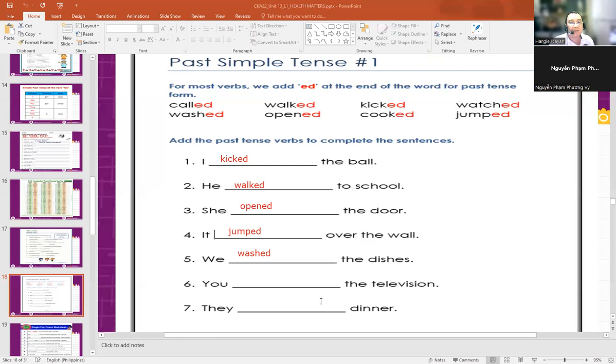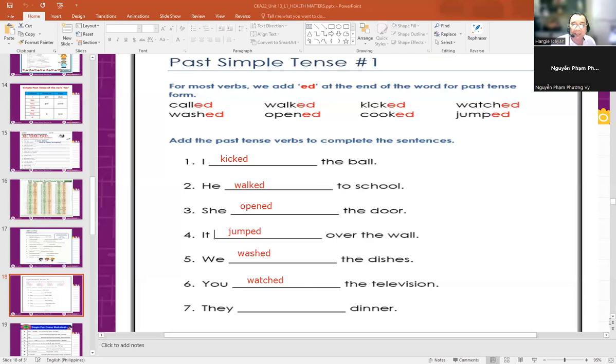Number six, V. You blank the television. You watched the television. Yes. So you watched the television.